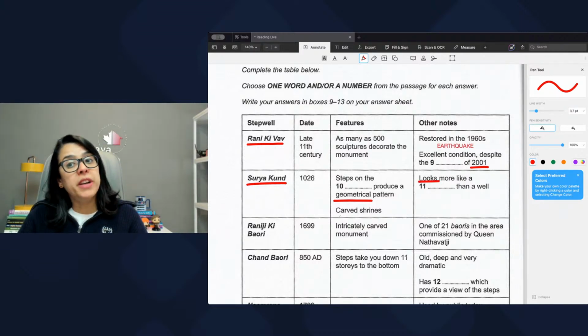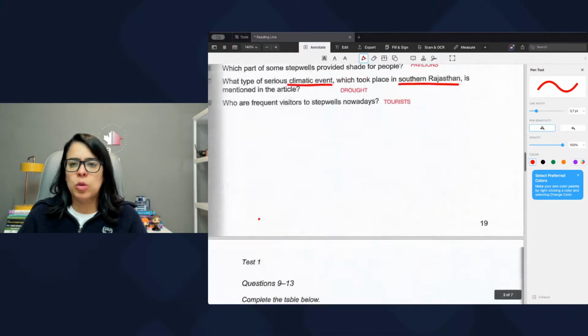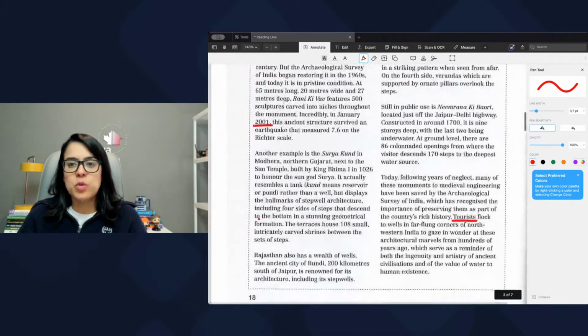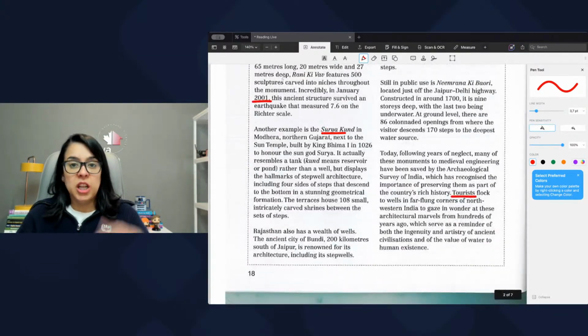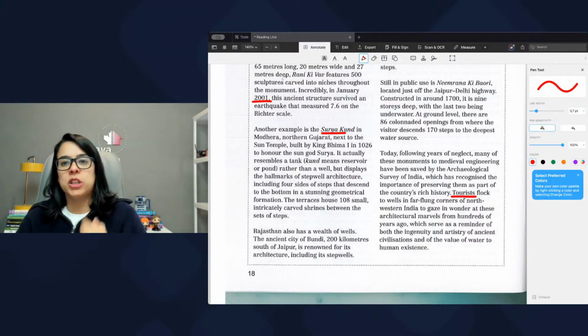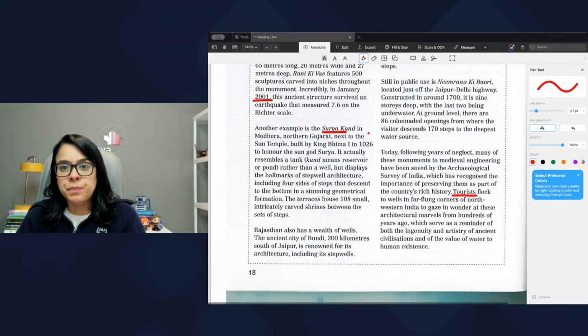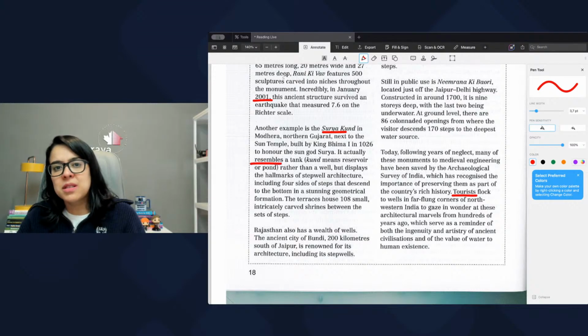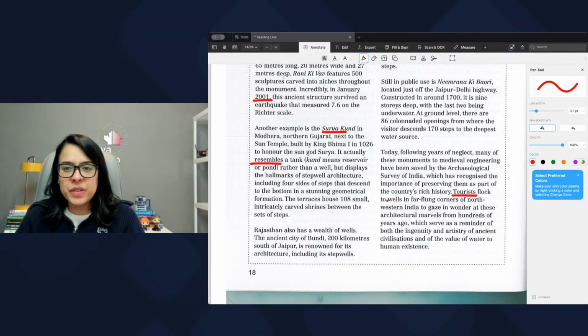So it's comparing this place to something else. So let's see where they talk about Soraya Quirino. I found it. You see, it follows the order. Okay, it resembles, it looks like, so I found it resembles. Now let's look for geometrical.